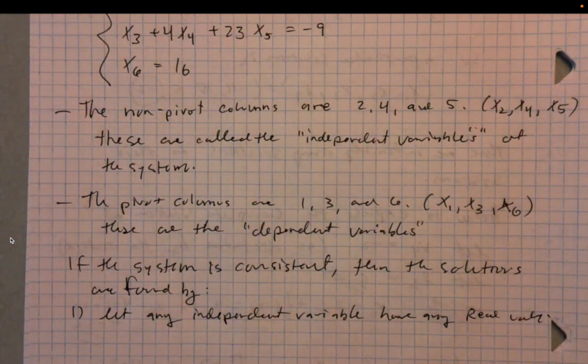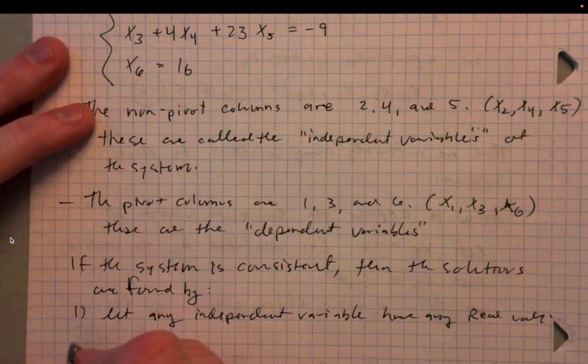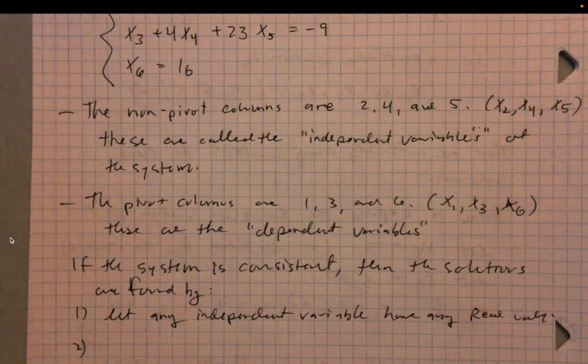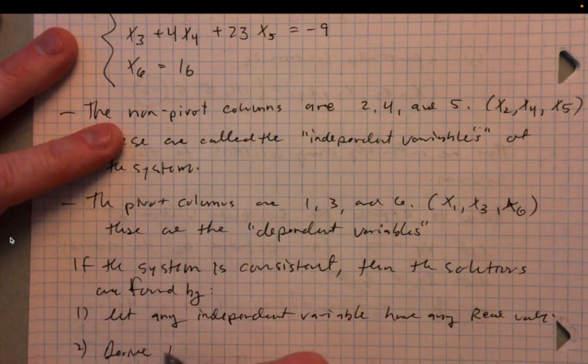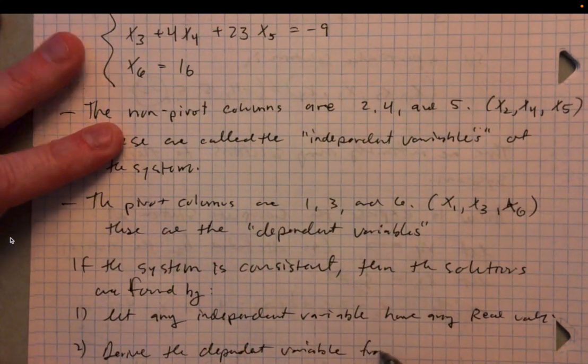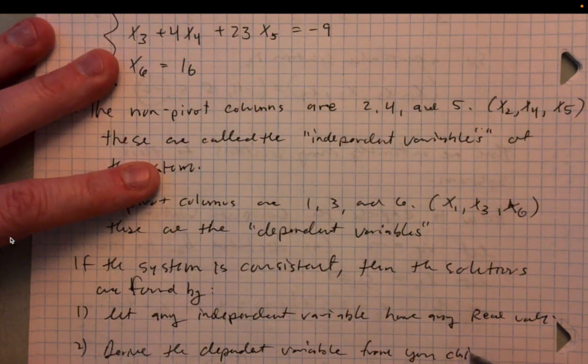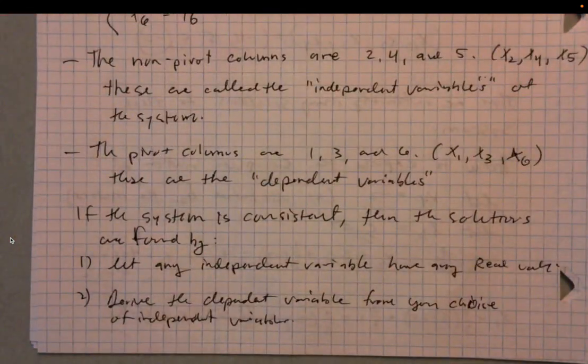So the independent variables, x2, x4, x5, can be any real number. Step 2, using your choice of independent variables, you have to derive the dependent variables. Hence the name, independent, dependent. The dependent variables are derived from the independent variables.